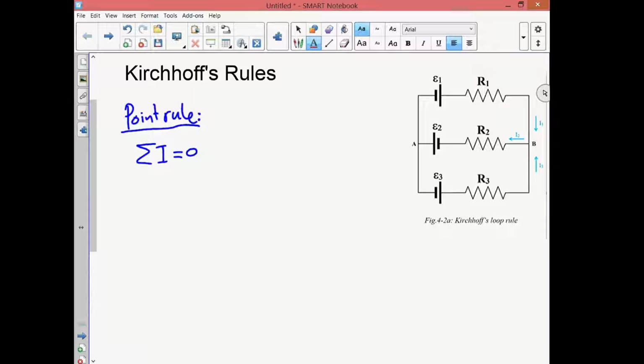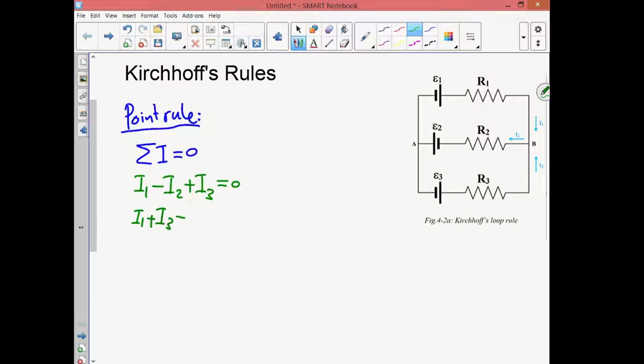So to apply this rule, I1 is positive, and then I2 leaves point B, so it's a negative quantity, and then I3 enters point B, so it is a positive quantity. These are all the currents that we have, so this sum is equal to 0, from which we can conclude that I1 plus I3 is equal to I2.